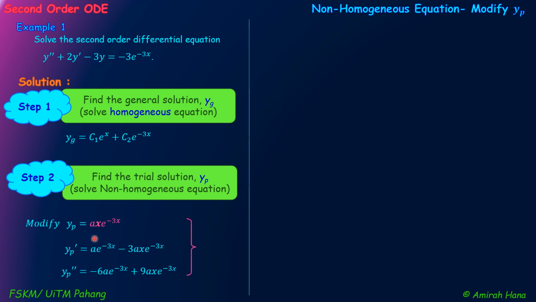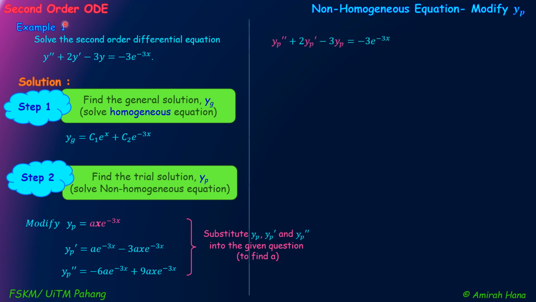After that, we substitute modify yp, yp single prime and yp double prime into the given question here to find the value of a. After we substitute, we got this.